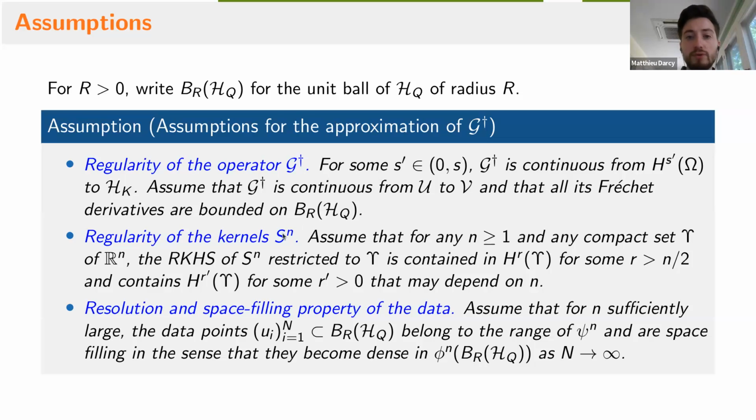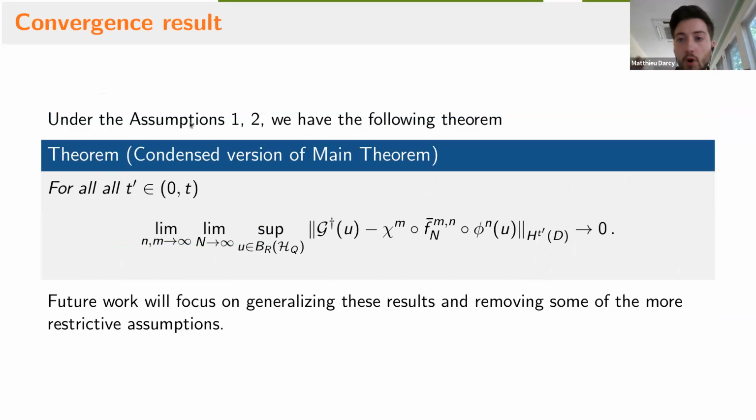We need the kernels that we're using to recover this function f dagger to also be embedded in some Sobolev space of sufficient regularity, and you need your data to be sampled sufficiently well to approximate G dagger. So these assumptions are more or less restrictive. Part of the work we're proceeding with right now is trying to lift some of the more restrictive assumptions, especially when it comes to how you sample or obtain your data.